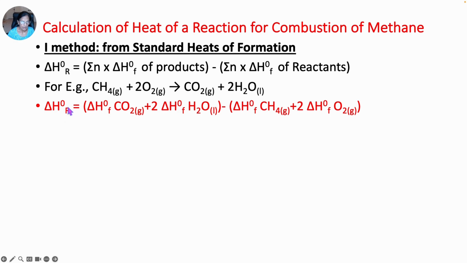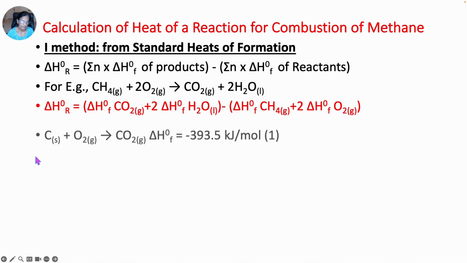Delta H0R for this reaction is equal to delta H0 formation of carbon dioxide gas, that is the first product, plus 2 water liquid molecules, 2 into delta H0F liquid water. Products are over. Minus reactants: delta H0F for methane gas and 2 oxygen molecules, 2 into delta H0F for oxygen gas.